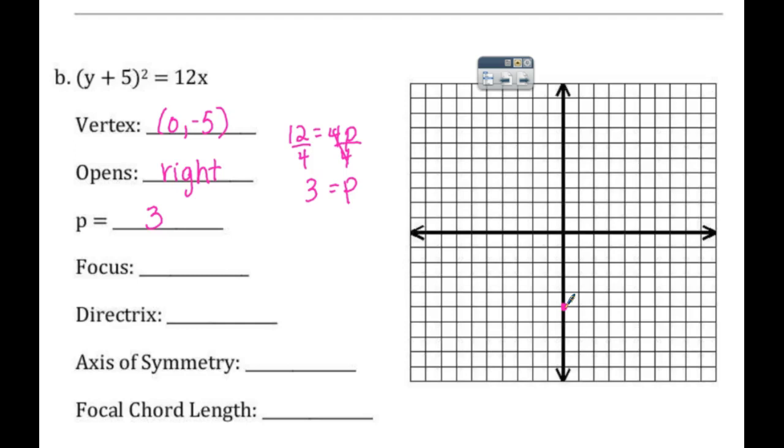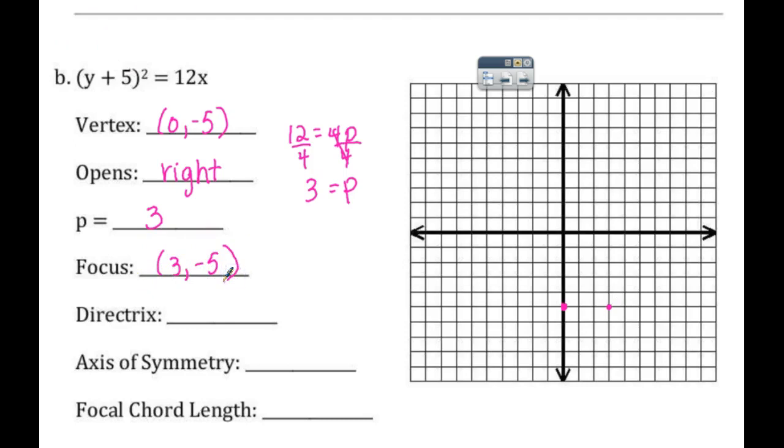Okay, so listen. This one's opening right and left. So I'm not going to count up and down. I'm going to count right and left. So for the 3, it's positive. So from the vertex, I'm going to count 3 to the right. 1, 2, 3. So that is your focus point right here. So your focus point is 3, negative 5.